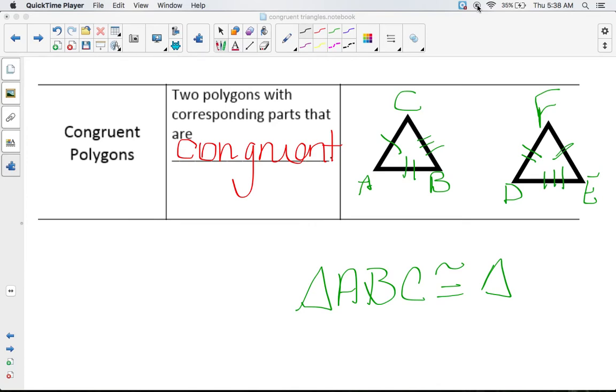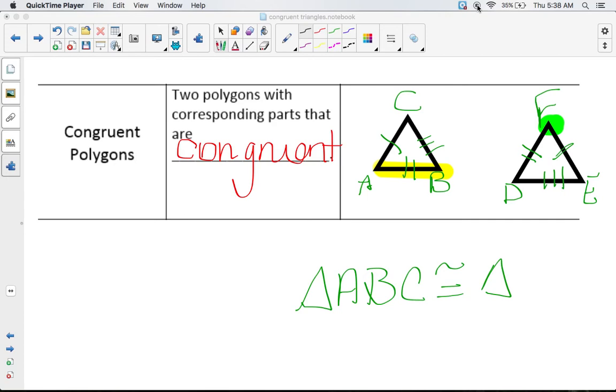Let's look at this. ABC goes from A through the side that has two marks. So I have to start with not A, D. If you look at A, it's in between the sides that have one mark and two marks. So which letter is in between the side that has one mark and two marks? If you notice, it is F. Then it goes through the two mark side.